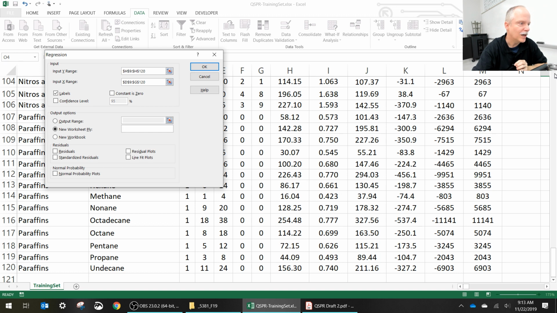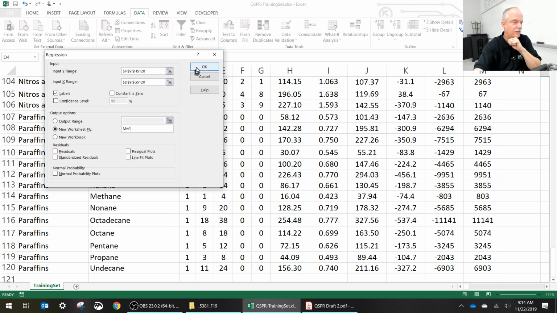Let me go back to the top so you can see what I had selected. I'm going to call that worksheet MW1. And for educational purposes, I want to make sure that you do not have 'constant is zero' checked. It should be unchecked, so it's going to solve for an intercept. Is everybody good with me so far?